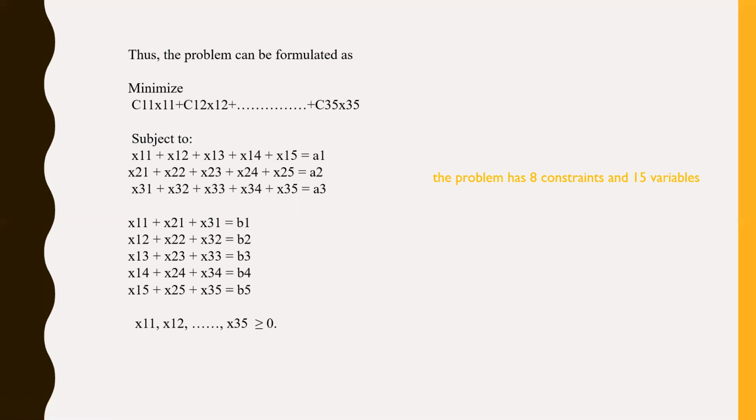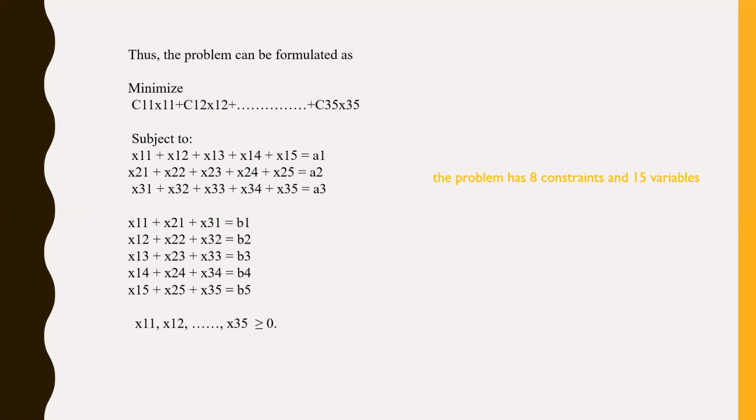The three methods are different in nature, and when we solve, Vogel's approximation method gives the lowest transportation cost, and the northwest corner method gives the highest transportation cost. But Vogel's approximation method is mostly used in questions.